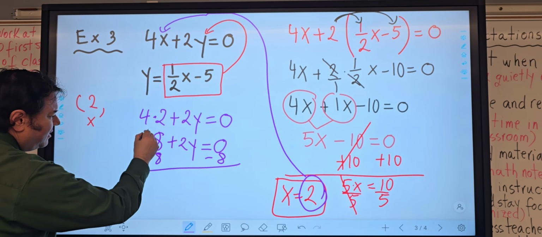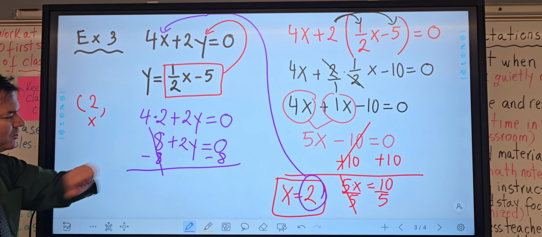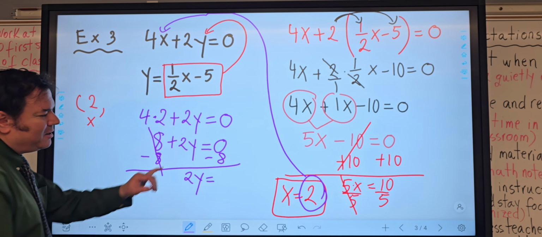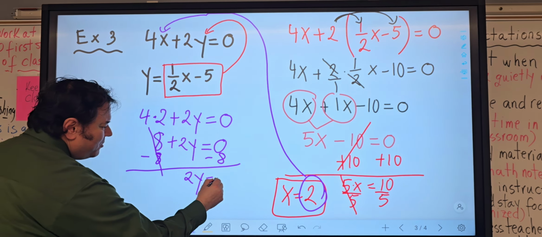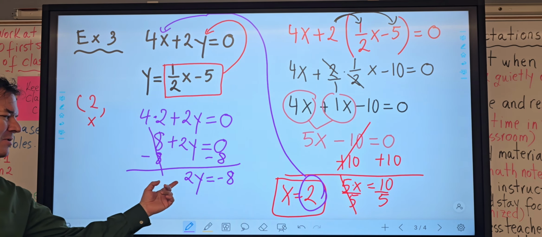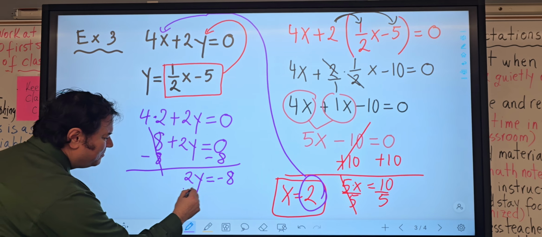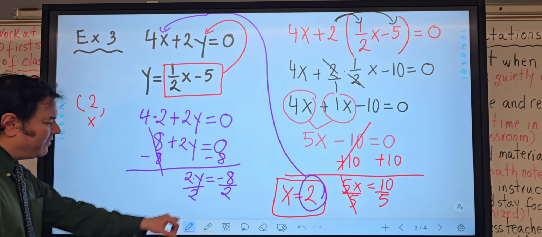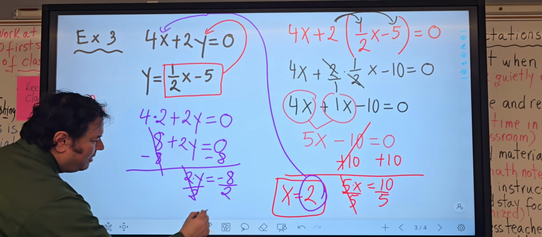8 minus 8 cancels. So we have 2y equals negative 8 plus 0 becomes negative 8, right? And finally, last step, we divide both sides by 2. So we can get the y. 2 divided by 2 becomes 1y.